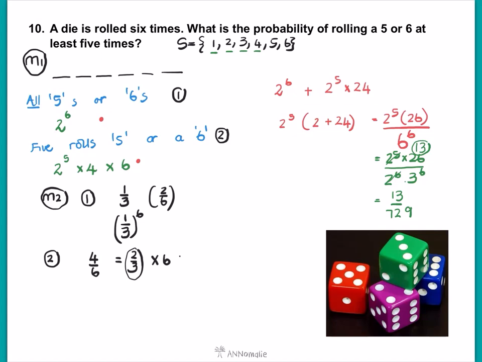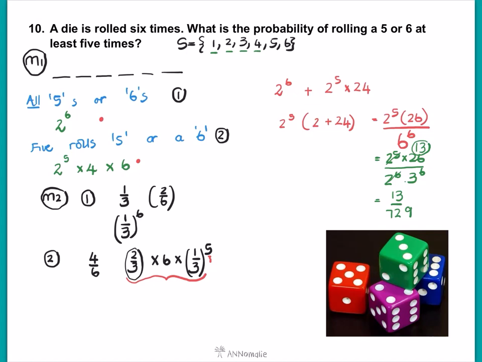But then we must remember we must multiply this by a third to the power of 5 for the 5 throws that represent a 5 or a 6. So this is then my probability for 5 of the 6 throws producing a 5 or a 6. And we simply add this.